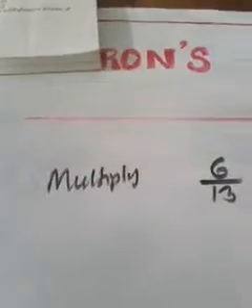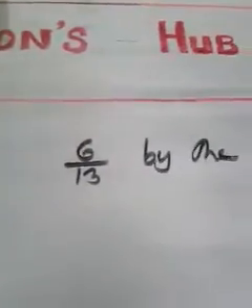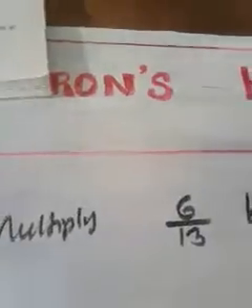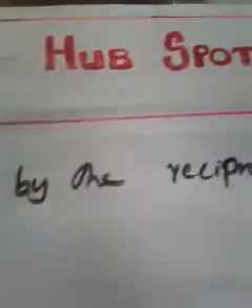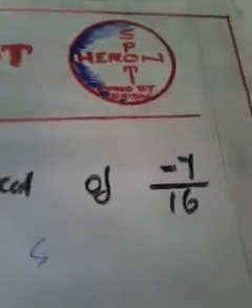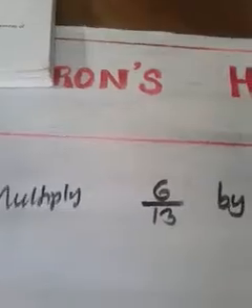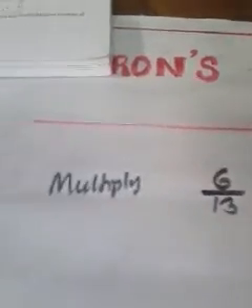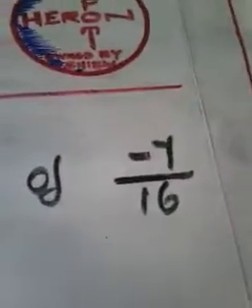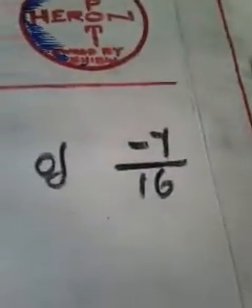Let me take the next question and try to solve it for you. This is your question: multiply 6 by 13 by the reciprocal of minus 7 by 16. That means you have to multiply two numbers. Which are the numbers? 6 by 13, and not minus 7 by 16 but the reciprocal of minus 7 by 16.